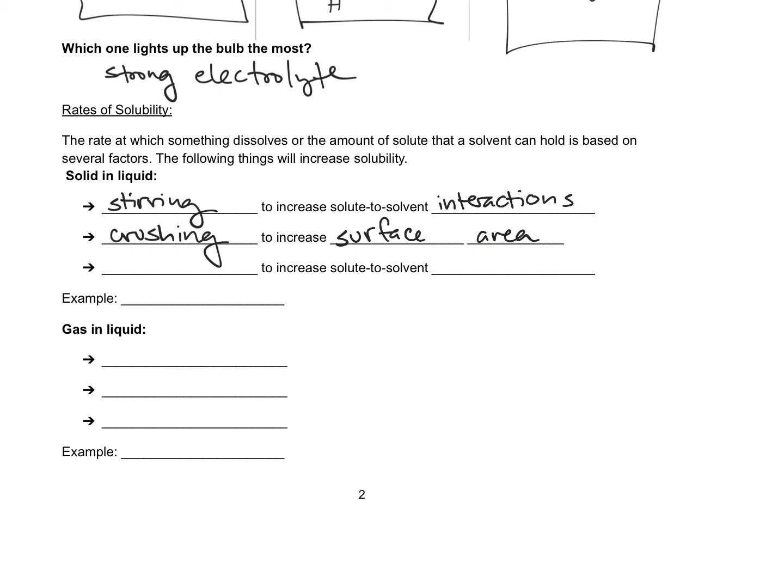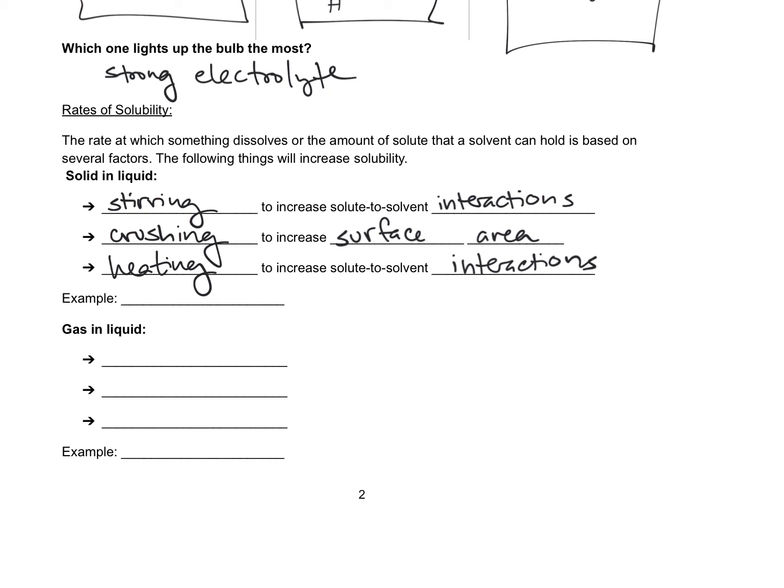And then another way that you can increase solute to solvent interactions is with heating. So if you've ever made sweet tea on your own at home with like a tea bag, you would know that it's best to stir in the sugar while it's still hot. And that's because, as we discussed with our gas laws, temperature is based on the kinetic energy of particles.